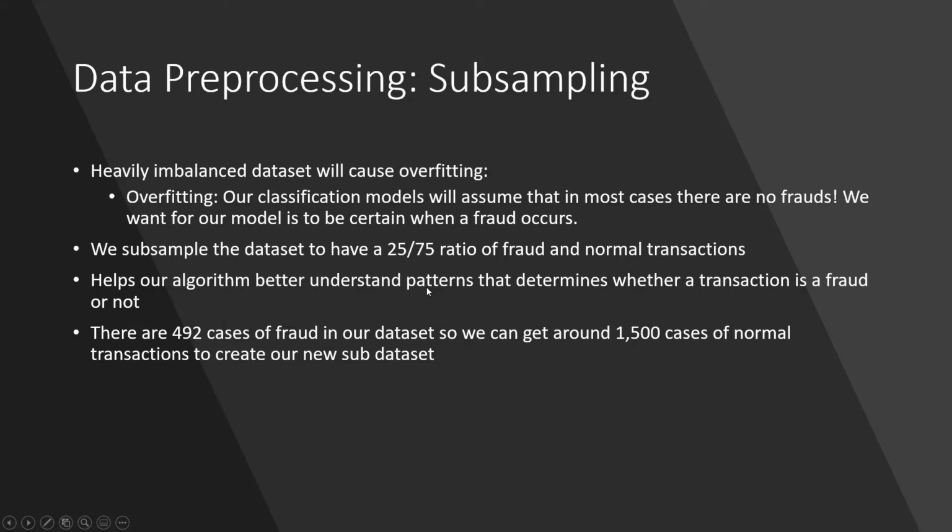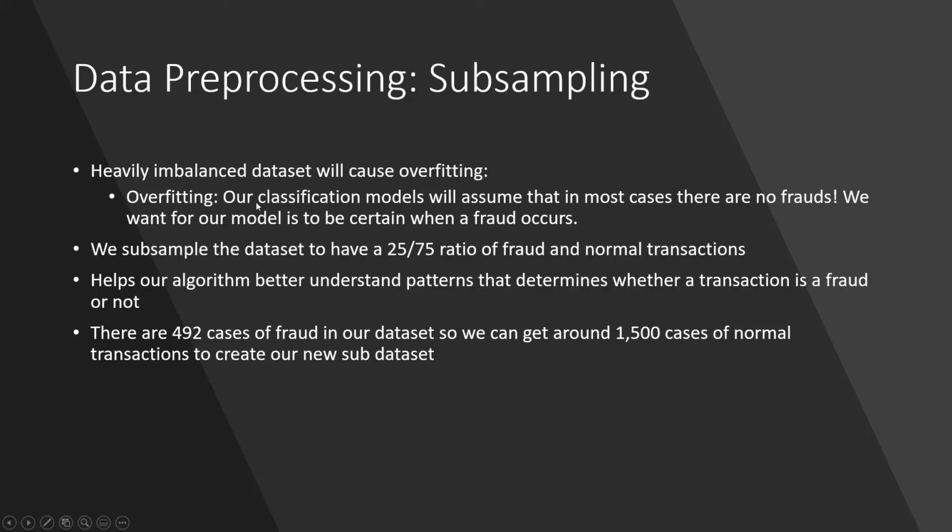So to tackle this issue, we use subsampling, which is basically making the imbalanced data set more balanced. In our case, instead of the 280,000 cases, we're going to take just 1,500 cases.